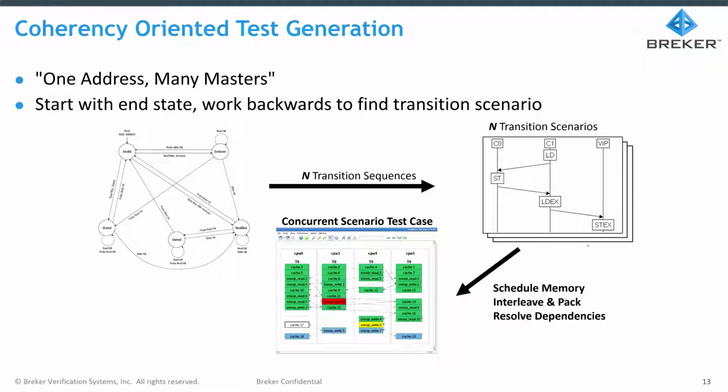Okay. Each of these arrows represents a producer-consumer dependency that is both automatically inferred by the tool and automatically enforced by the tool. And then what is happening is we are generating multiple such scenarios and co-scheduling them to create a complete coherency mess.